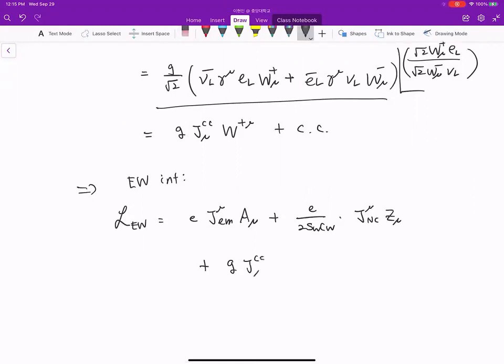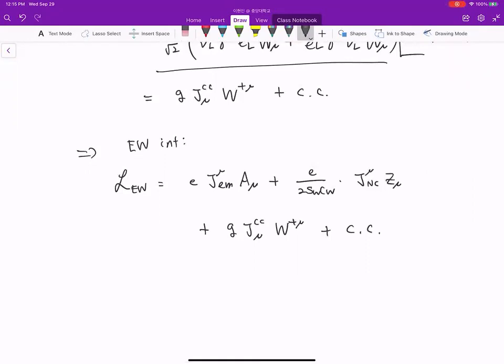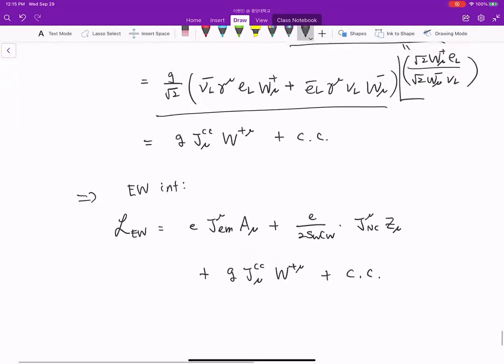I think that this notation is more convenient. Okay, this one. And also, of course, here the charged current contains leptons only, but for quarks, you only have to replace the upper or lower entry by quarks.